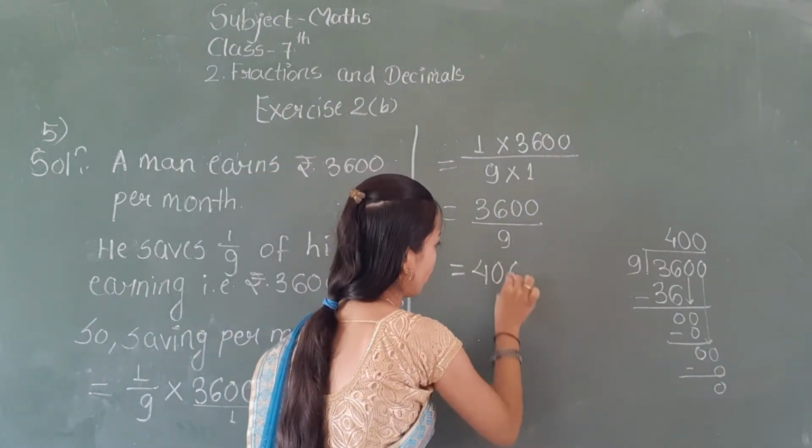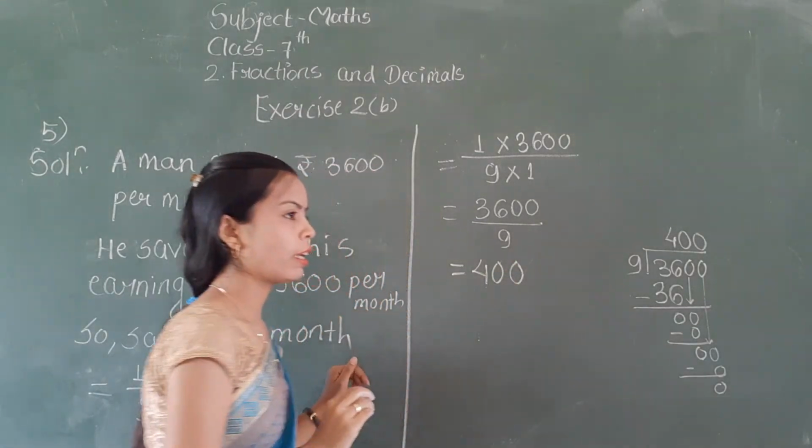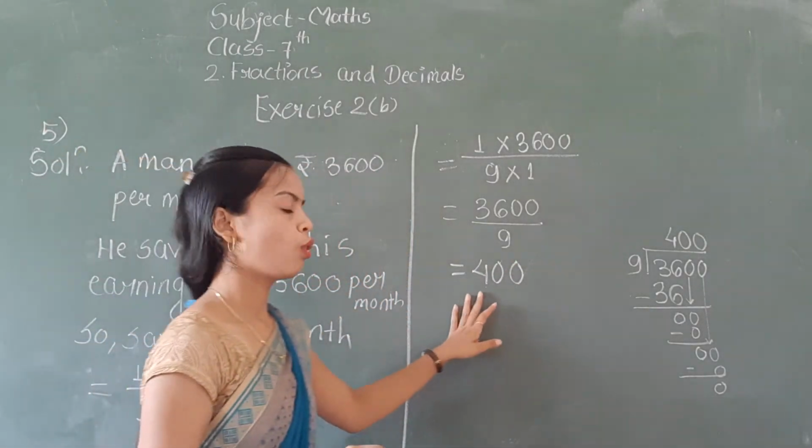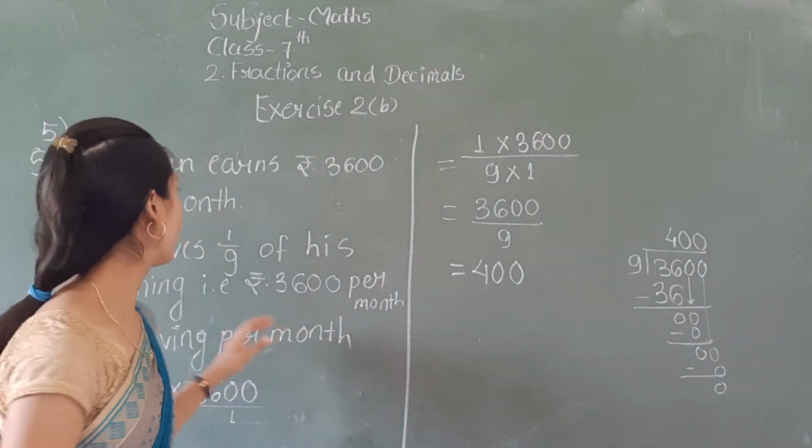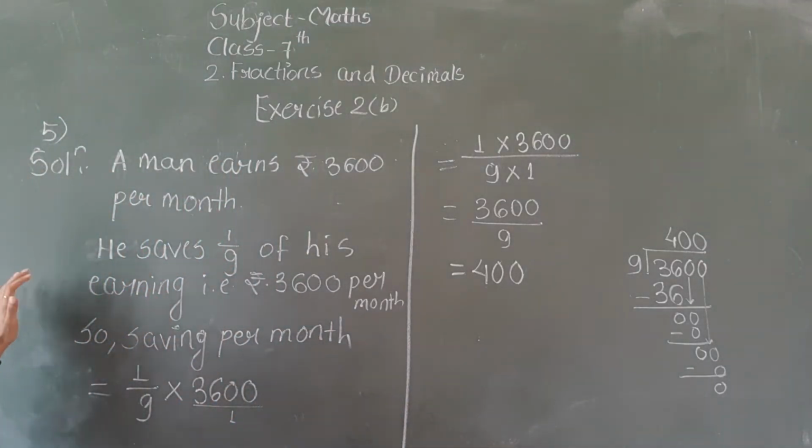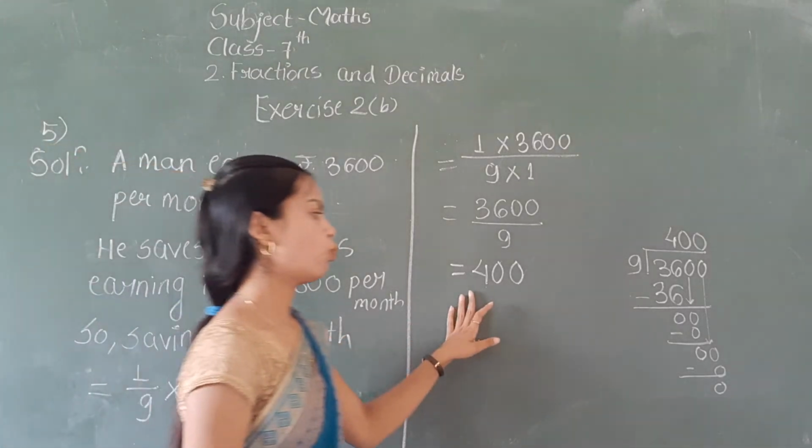So if we divide 3600 by 9, our answer is 400. So if a man earns ₹3600 per month and saves 1/9 of his earning per month, then saving per month is equal to 1/9 into 3600, that is equal to 400.